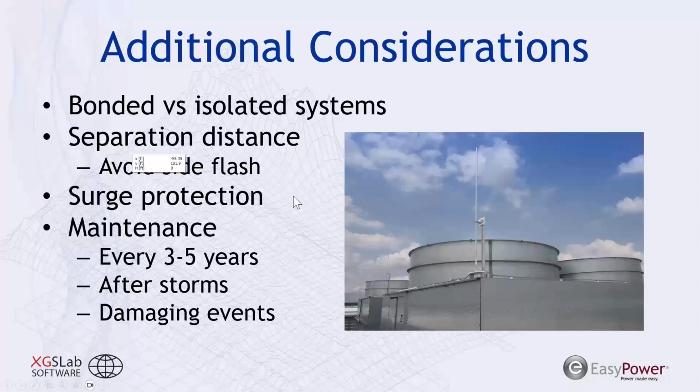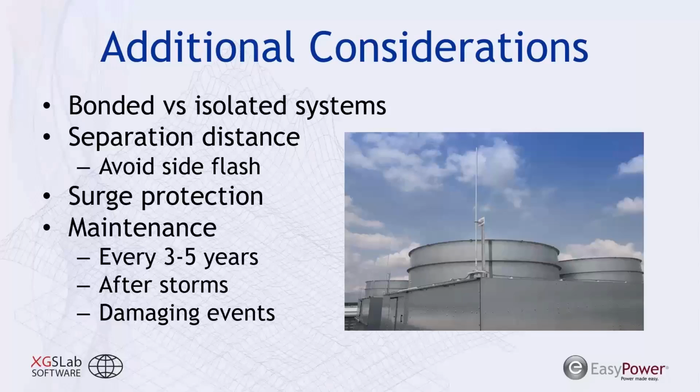With that, we need to be cognizant that there is a separation distance to be aware of. So as you're installing your down leads or your air terminals, if it's running right next to a venting system, you may have a side flash occur because you are not maintaining sufficient separation. In those instances, you may, as a designer, need to change the path of that down lead or the air terminal.